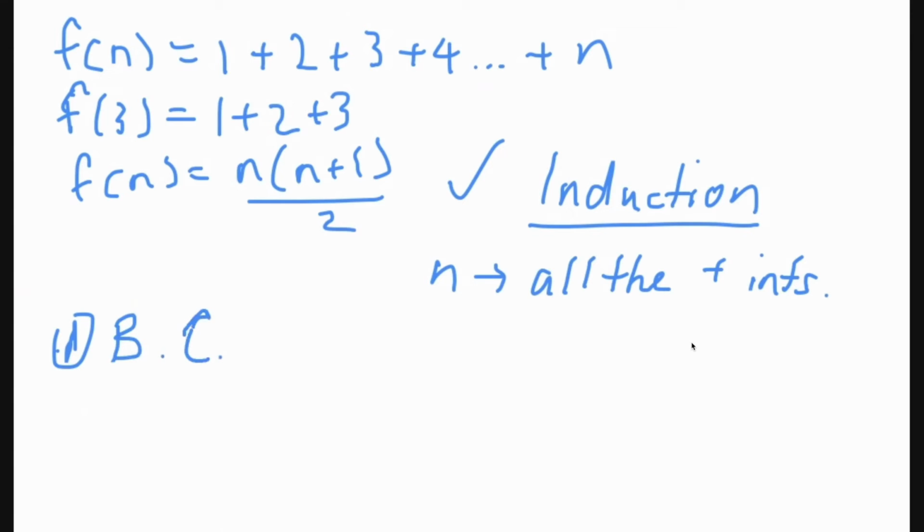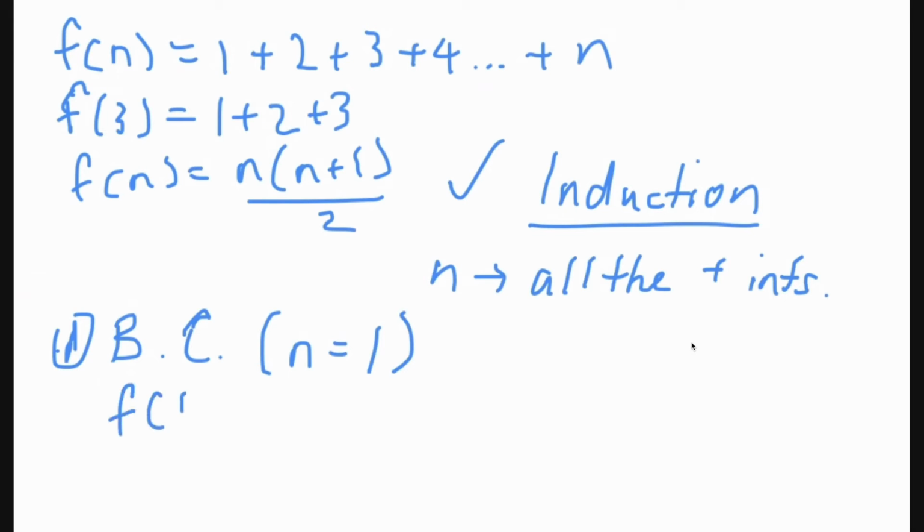And remember what the base case is: we're just seeking to prove that the statement is true for the smallest value of n in its domain, right? So in this case, the smallest value of n in all the positive integers is 1, because 1 is the smallest positive integer. So I'm just going to write n is equal to 1, and I'm going to prove that f of 1 is equal to 1 times 1 plus 1 over 2.